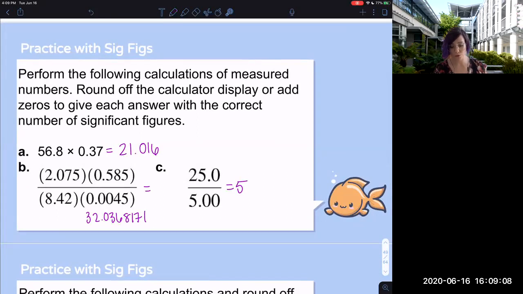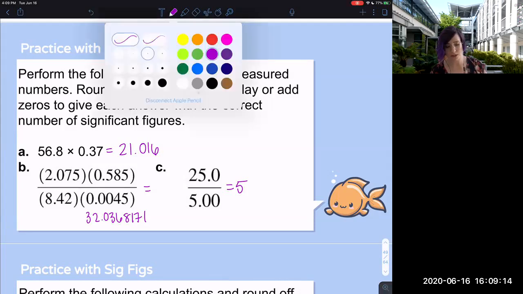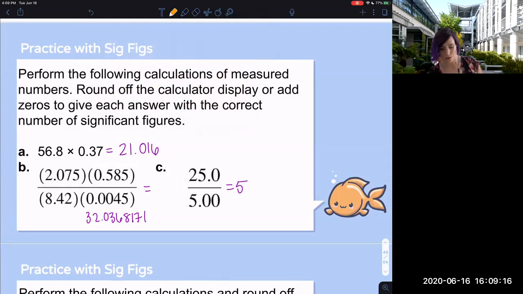So the sig fig rule says that the lowest number of sig figs in your math is the answer number of sig figs. So looking at our sig figs here, we have 3 and 2, because that 0 in the beginning is not going to count. And so how many sig figs should my answer have? Should have 2.